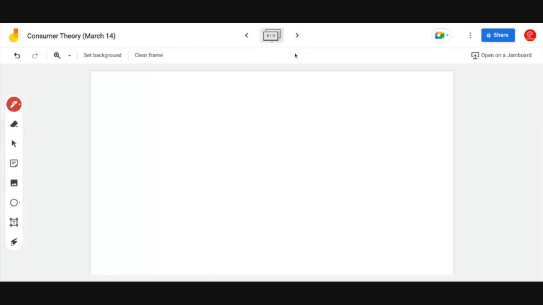Otherwise, what happens? Let's try to understand what happens if there is a situation like this. In this case, you can afford this much. So can you consume anywhere on this indifference curve?